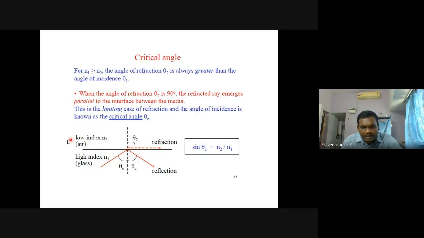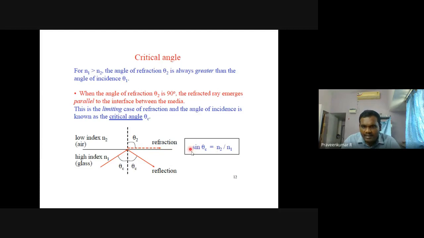Say, for example, in the previous slide we took air and glass, so the same case I am taking here. This is the interface line between medium 1 and medium 2. Medium 1 is glass, medium 2 is air. If the refracted angle makes 90 degrees with respect to the normal line, at that time theta I becomes the critical angle, theta c.